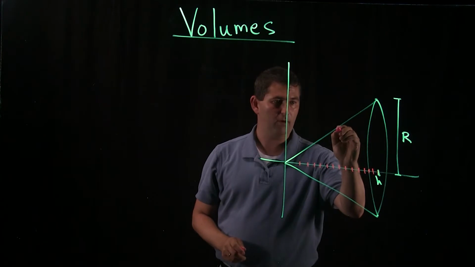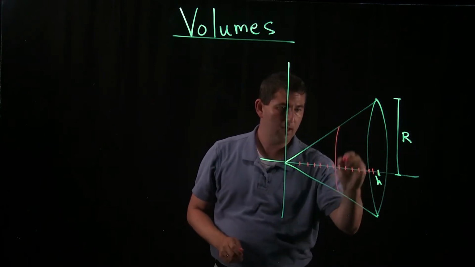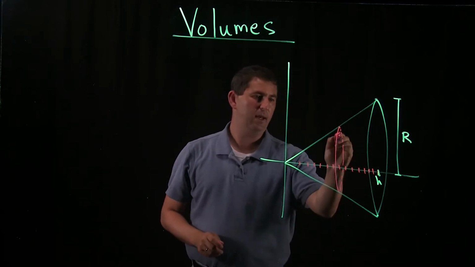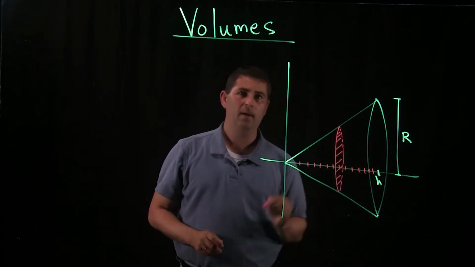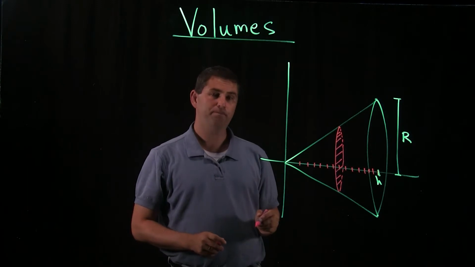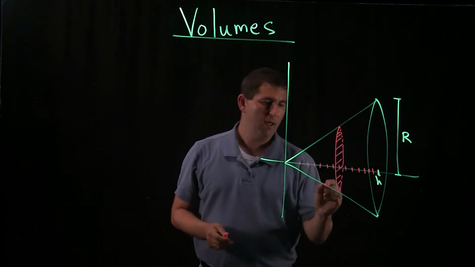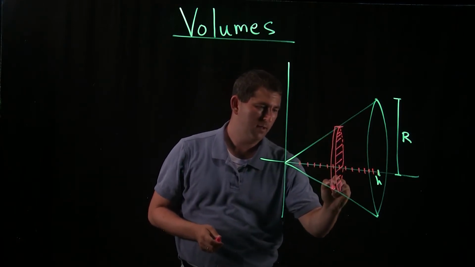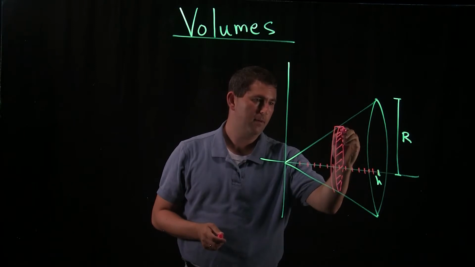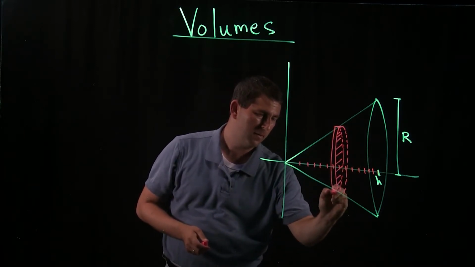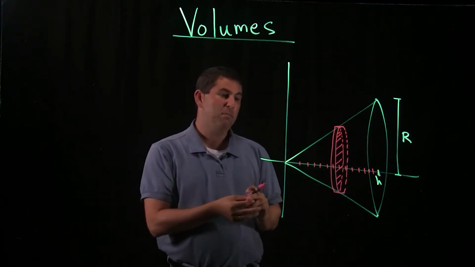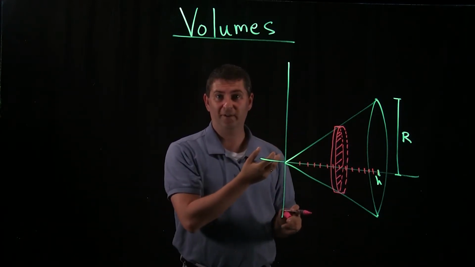So say at this point, for example, if I took a cross section, I'd end up getting that circle right there. Now I extend this out a little bit, and when I extend it out, I'm going to get a nice cylinder. So I get this cylinder, and I'd like to know what the volume of that cylinder is.